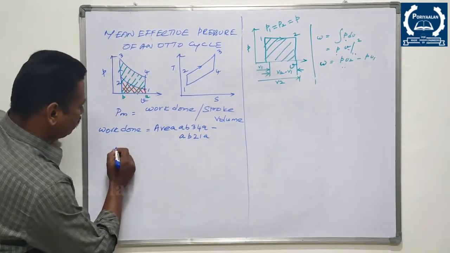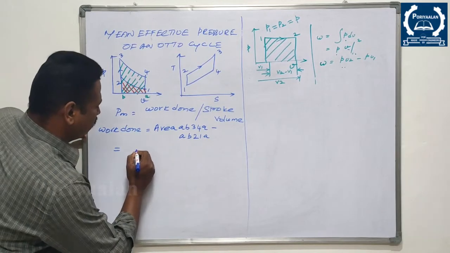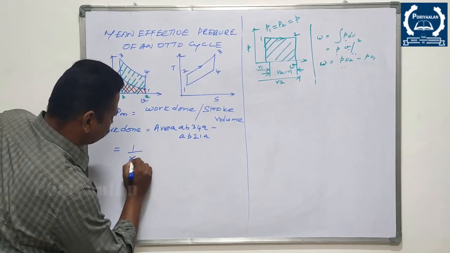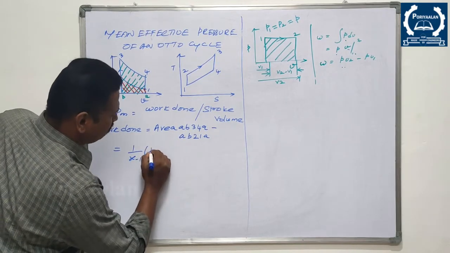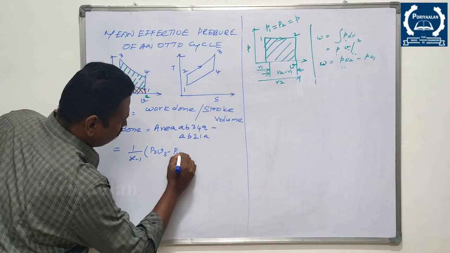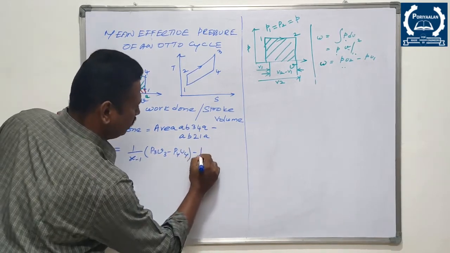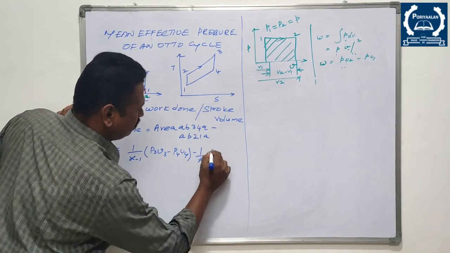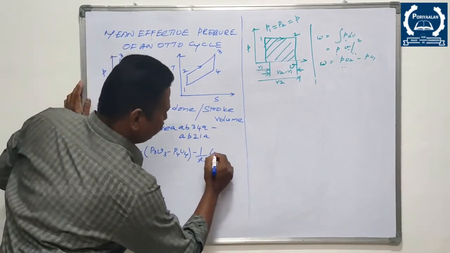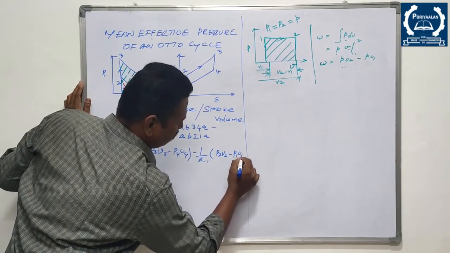So from thermodynamics you might have studied the value of work done for isentropic process is 1 by gamma minus 1 multiplied by P3 V3 minus P4 V4, minus of 1 by gamma minus 1 multiplied with P2 V2 minus P1 V1.